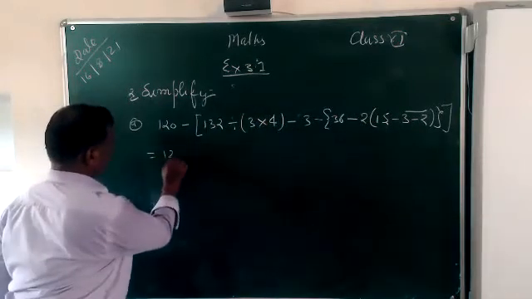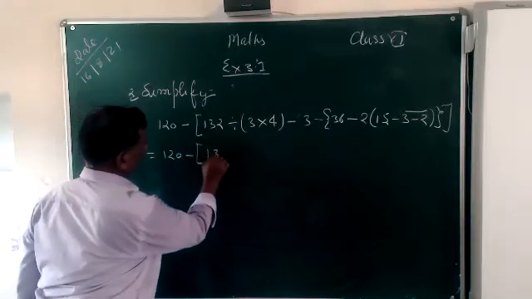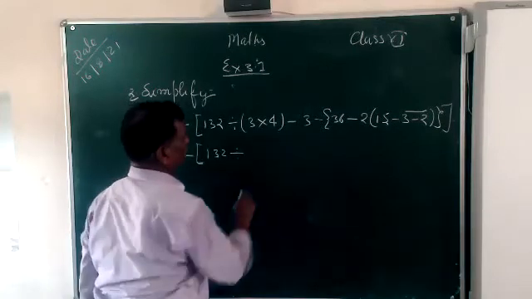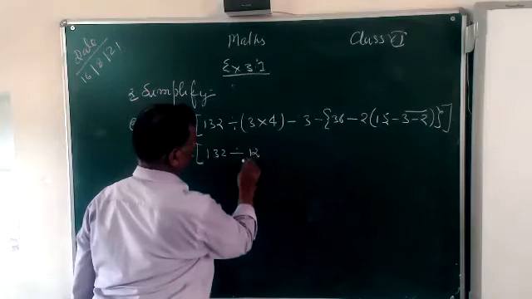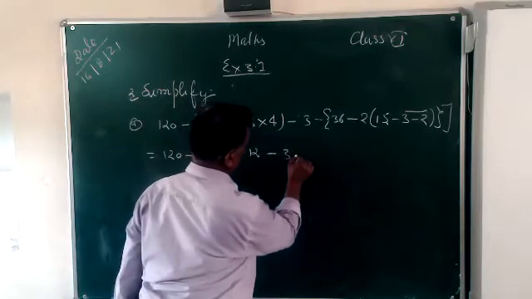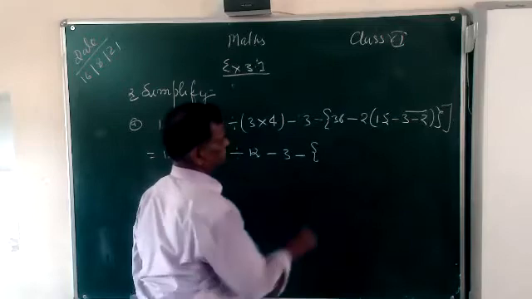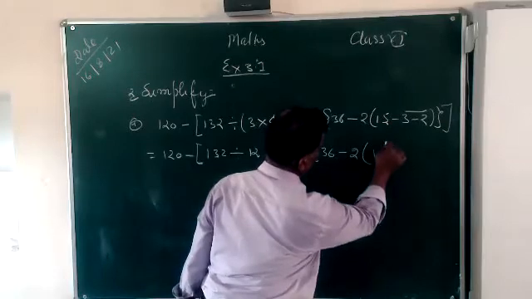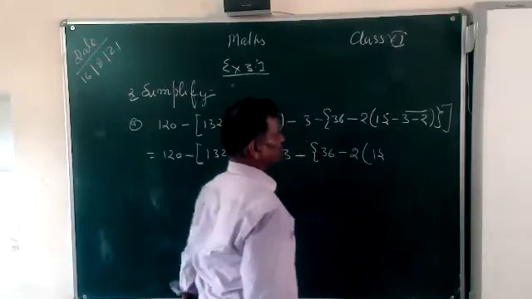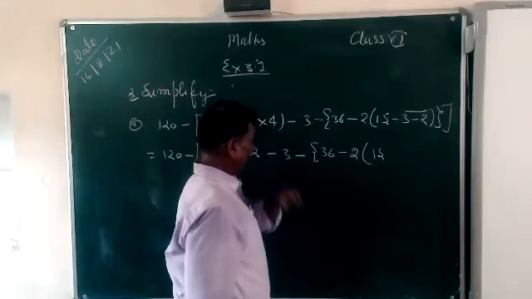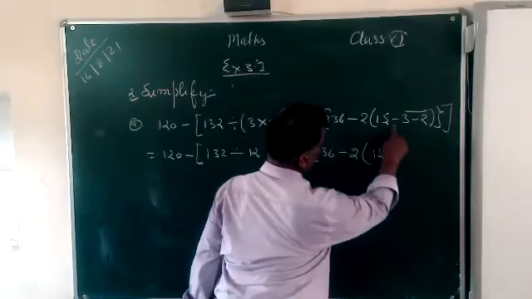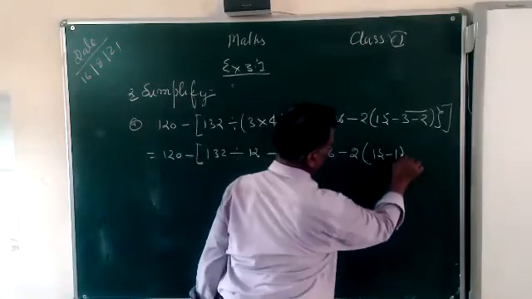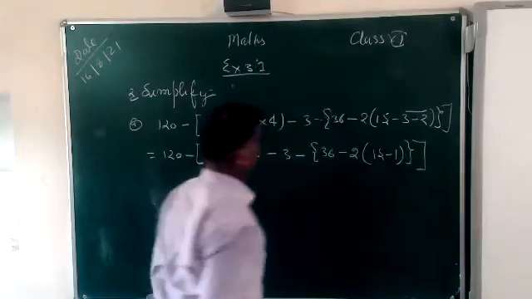So that is 120 minus 132 divided by, here remove this bracket, that is 12 and remove bracket minus 3 minus, in curly bracket 36 minus 2 in common bracket 15, remove bar brackets 3 minus 2 is 1 and 4 minus sign then 1 right, minus 1, common bracket, curly bracket and square.